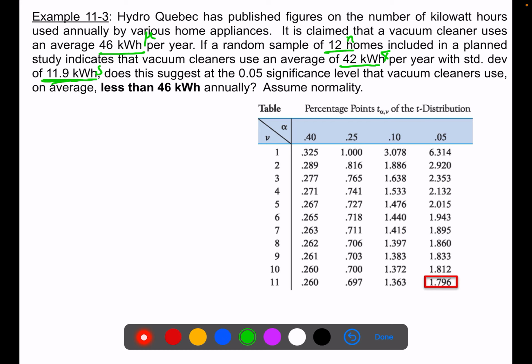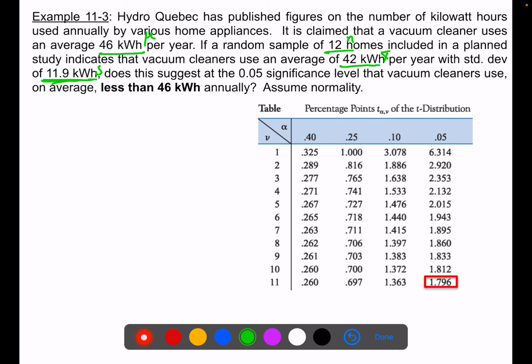Does this suggest at 0.05 significance level that the vacuum cleaners use on average less than 46 kilowatt hours annually? Since we don't know sigma, all we know is S, and since our n is small, 12, we have to use the t distribution.